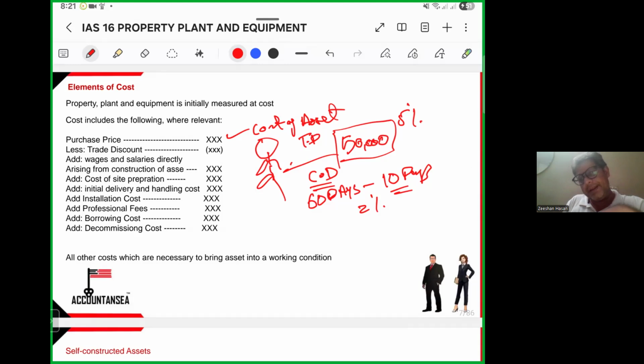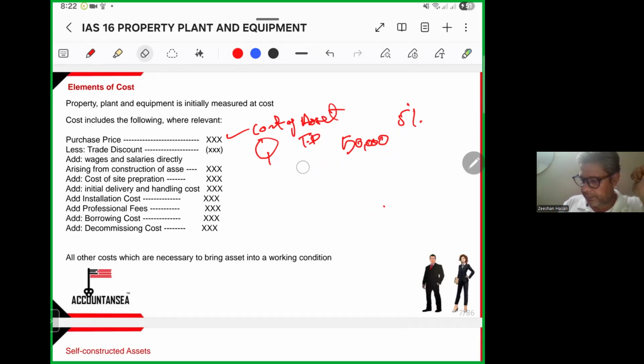If we avail it, it will be included in other income, and if we don't, there is nothing to do. I hope the concept is clear. So trade discount, as said, will be deducted from the cost of the asset.